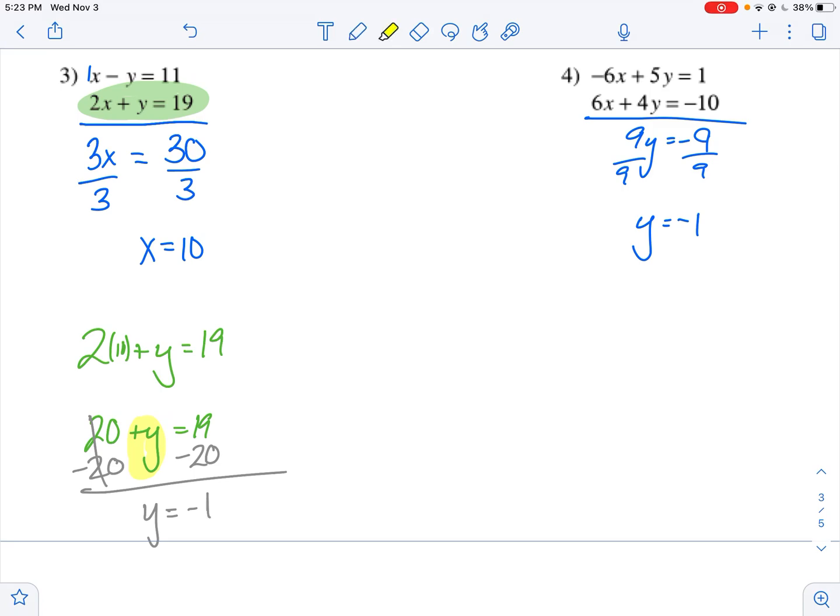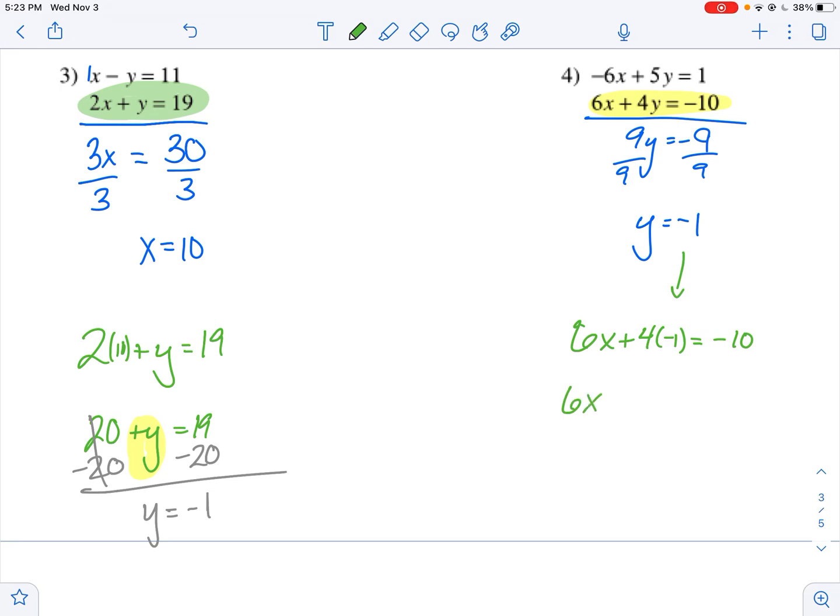And on number 4, I'll do green again. And let's use this bottom equation. 6x plus 4y equals negative 10. But what is y? Y is negative 1.